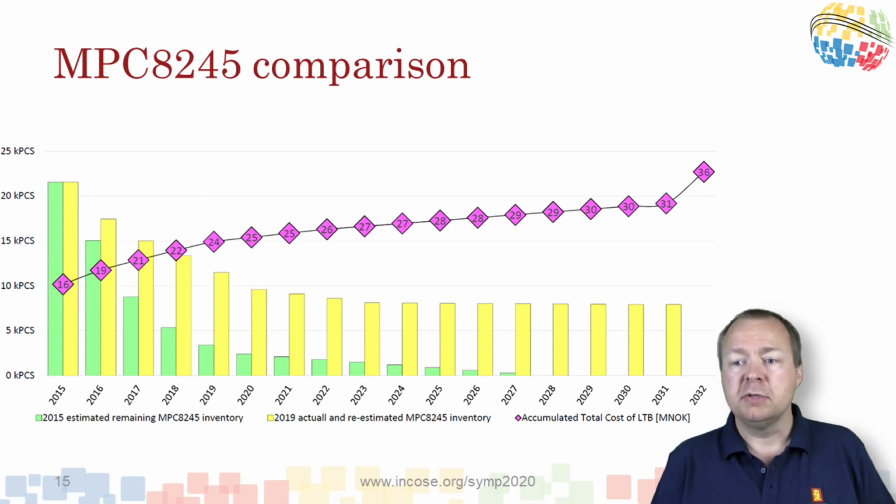Slow-moving stock results in more overhead cost and capital tied in the value of inventory. Using mandated factors from KM, the model indicates a total cost of last time buy of about 36 million Norwegian crowns. This is about 20 million more than the material cost used as input to the purchasing decision in 2015.